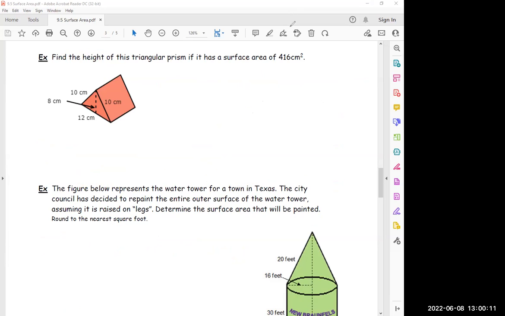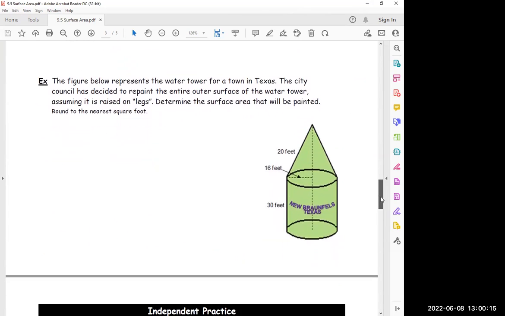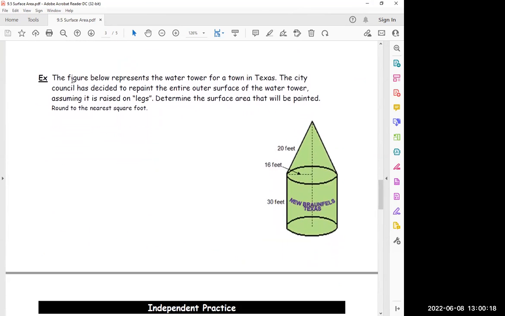Last one. Whether you want to work with other people, you can. Here's the final one. The figure below represents the water tower for a town in Texas. If you were here yesterday, this will be familiar. The city council has decided to repaint the entire outer surface of the water tower, assuming it is raised on legs.